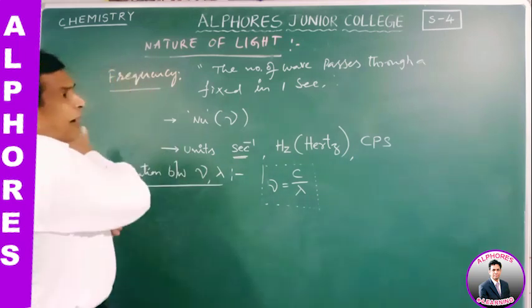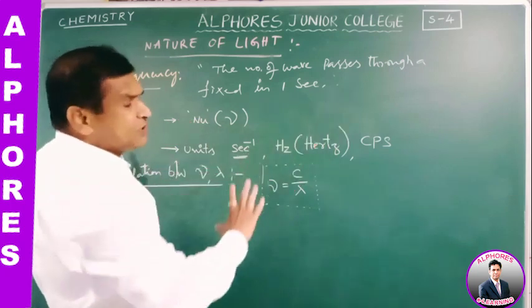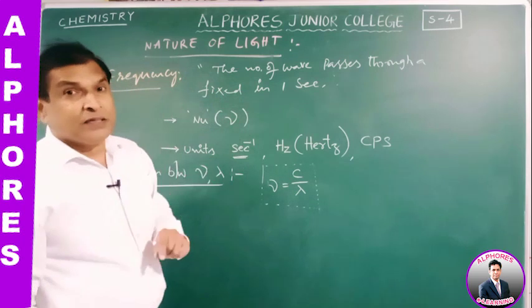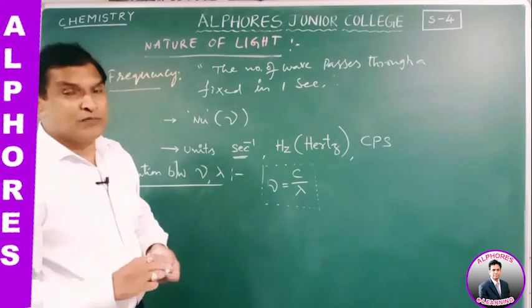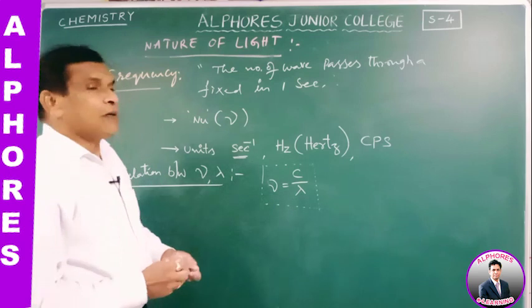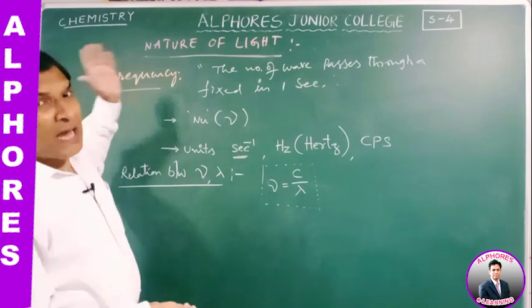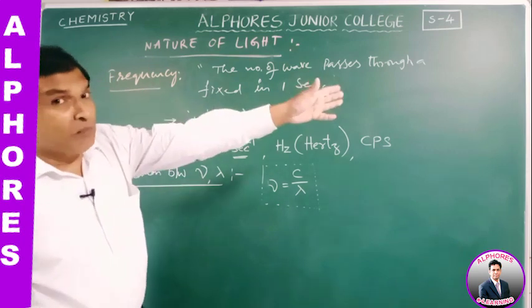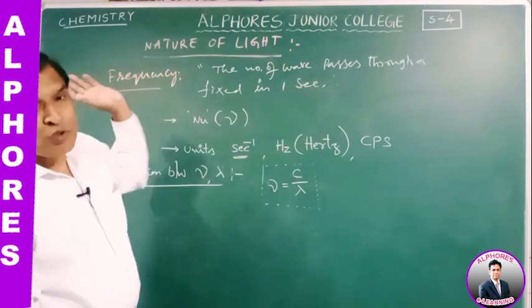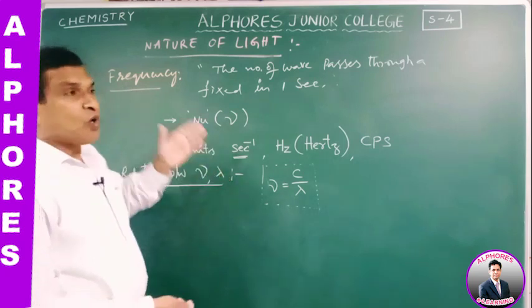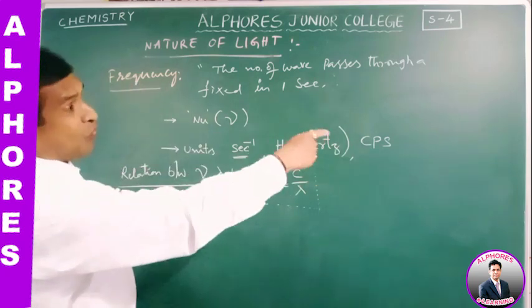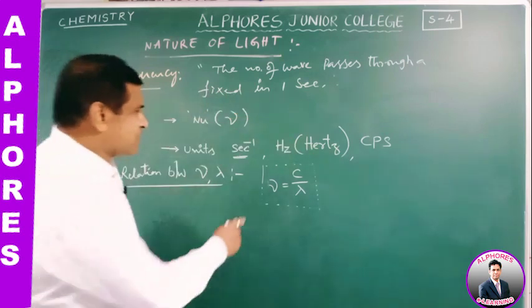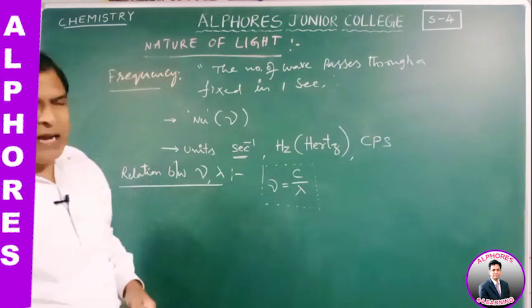So cosmic rays have maximum frequency and radio waves have maximum wavelength. From cosmic rays to radio waves, wavelength increases, frequency decreases.